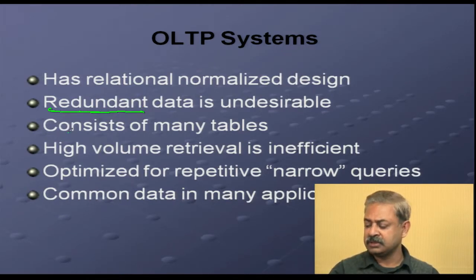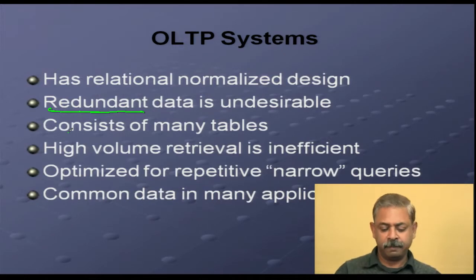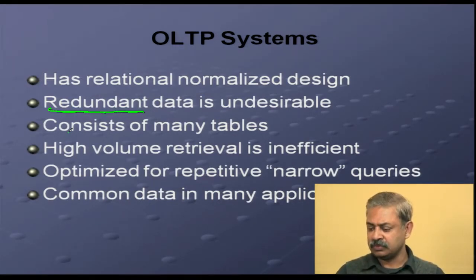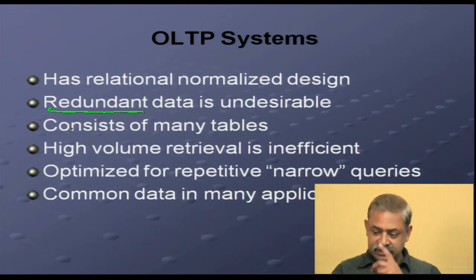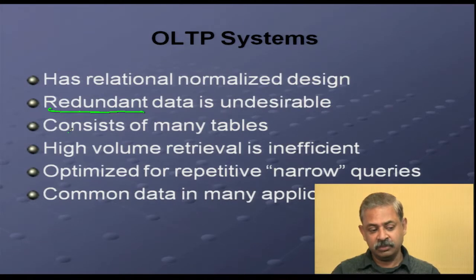And it consists of many tables. There will be a good number of tables in your operational systems, which will have data about the different entities and the kind of relationships that exist between those entities. One typical characteristic of OLTP systems is that high volume retrieval is inefficient, because they have not been designed for that purpose.